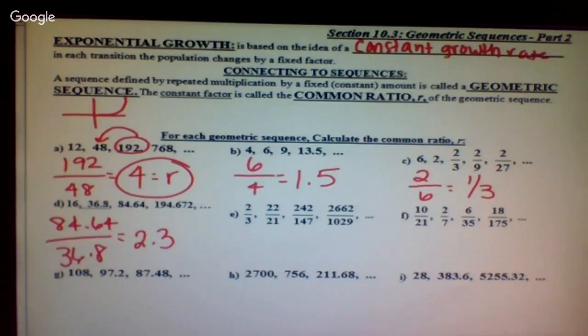So we just, since we know the answer, we just write down what it multiplies by? Are you asking, do I need to see 84.64 divided by? You can clearly see that in part A it's multiplied by 4, but you are not going to come up with 2.3 in your head.